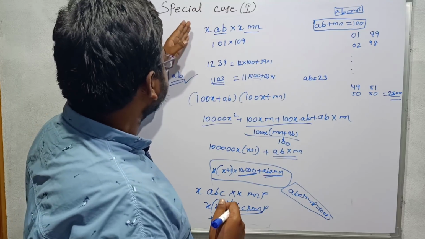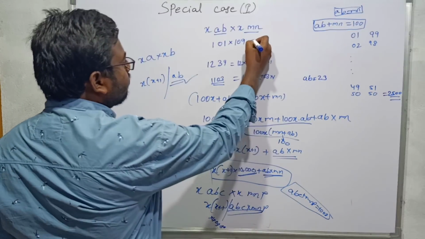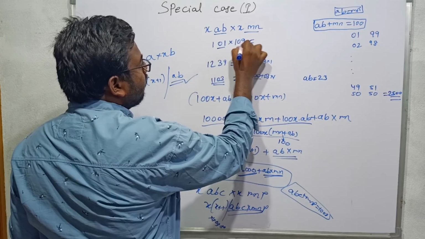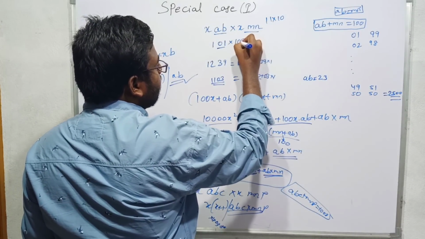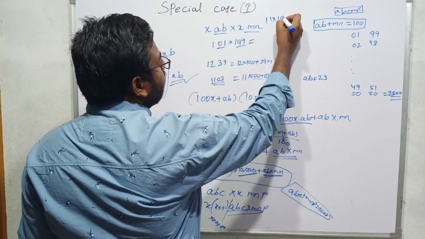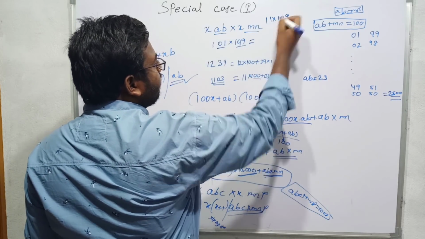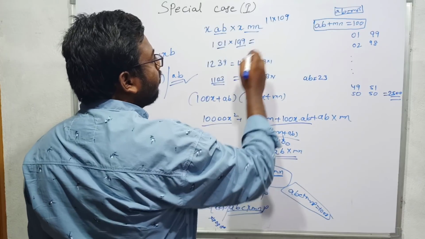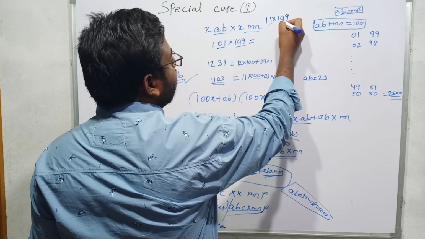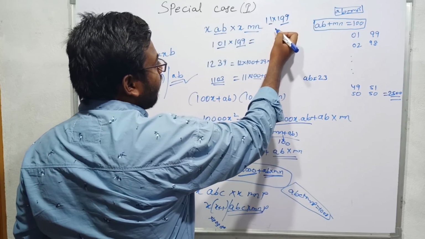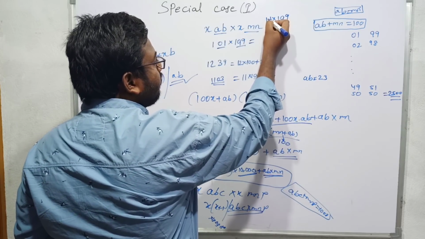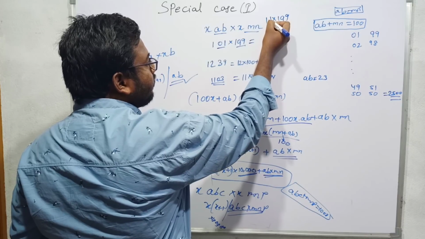X into x beside a, this is the best example. 101 into 109, this is 199, is the example of this. 11 into 109 is not the example of this, because 1 and 99 are forming 100, but this 1 is a single digit number.